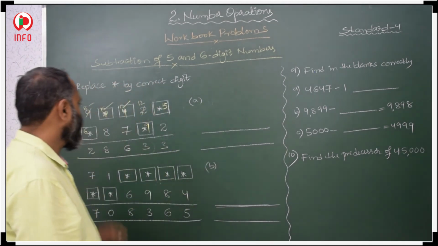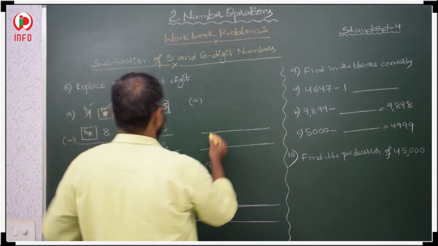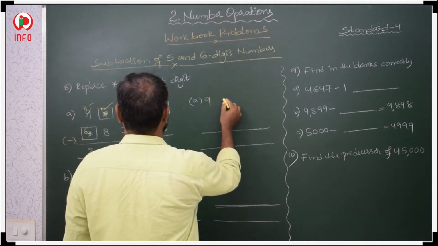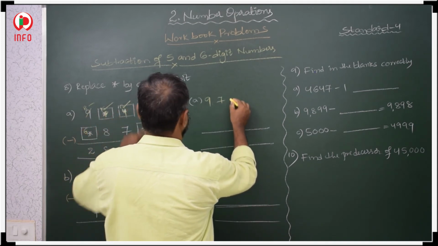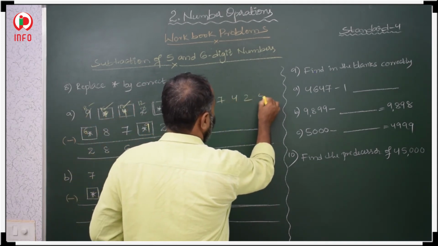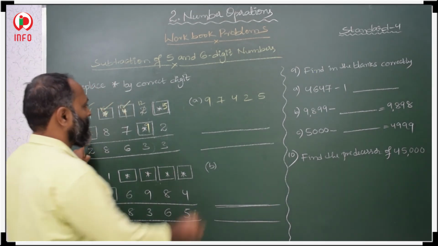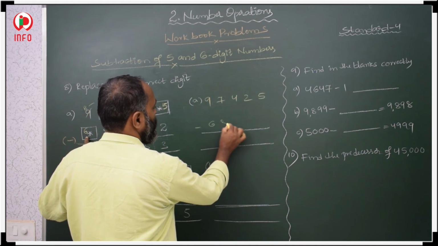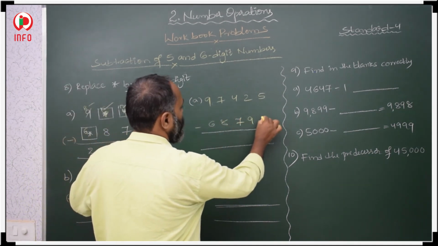Okay. Now what is there here? 97,425 minus 68,792.